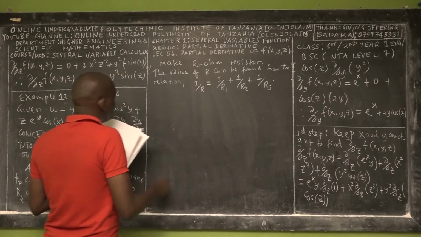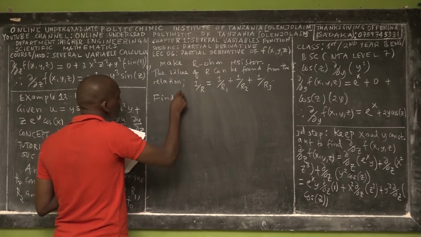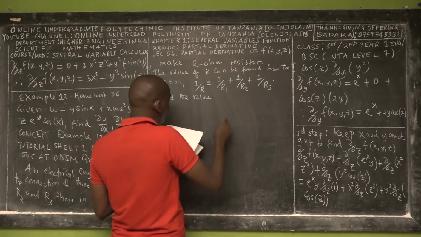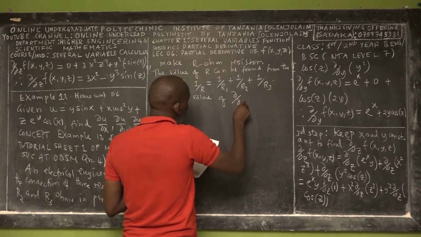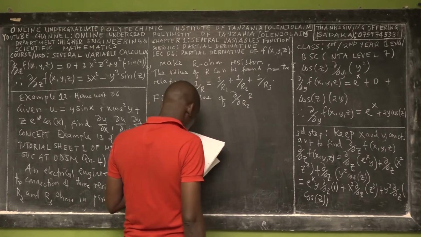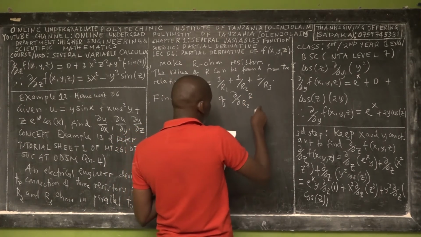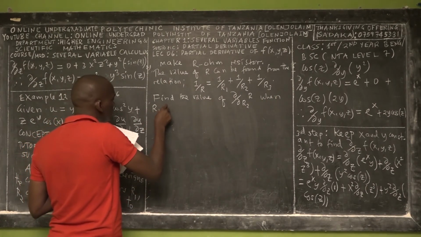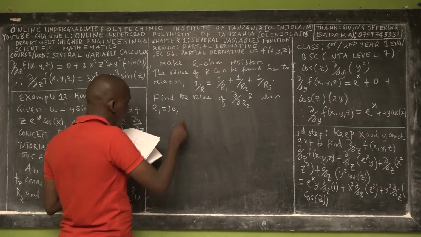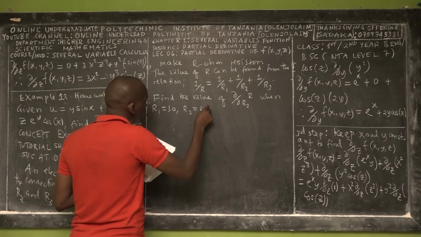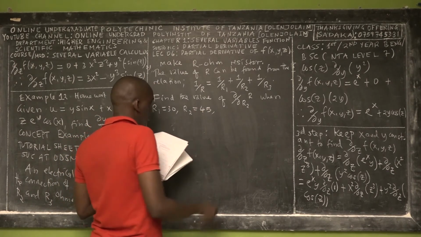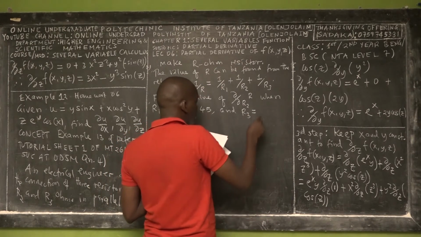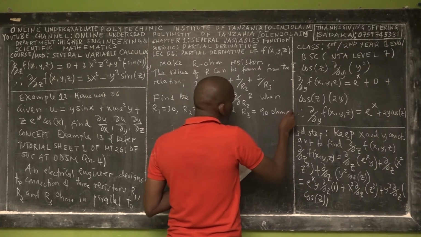Then the question: find the value of the partial derivative of R with respect to R2 when R1 is equal to 30, R2 is equal to 45, and R3 is equal to 90 ohms.